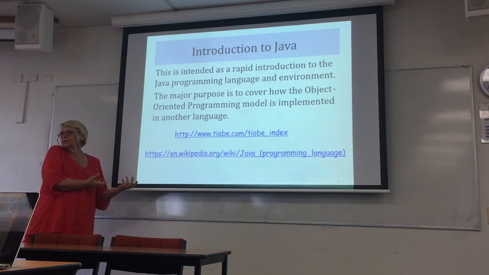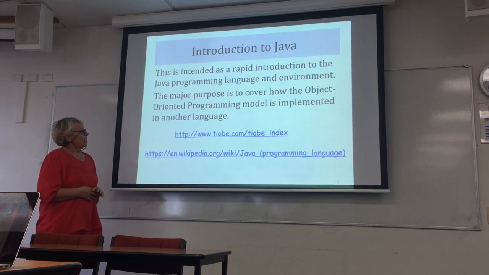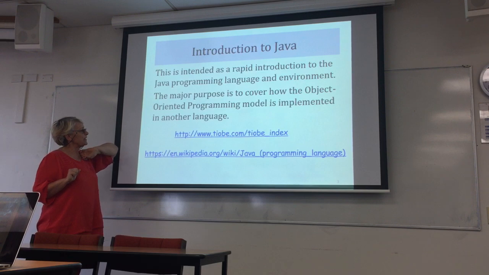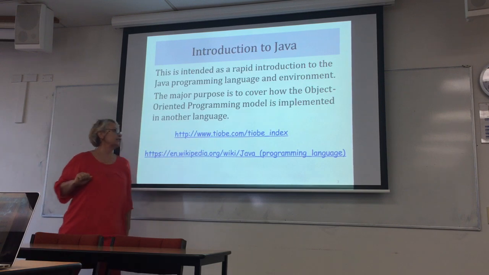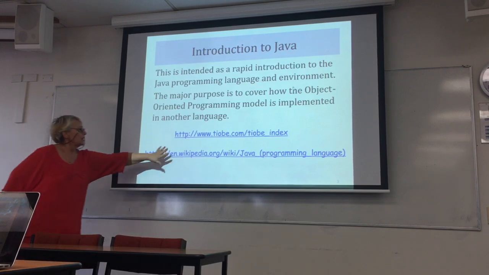As Java is based on C++, the basic syntax, you will notice, is very similar. It's more object-oriented than C++, as we will see in a second. If you look at the index, Java is still on the top. So a lot of people are using it.